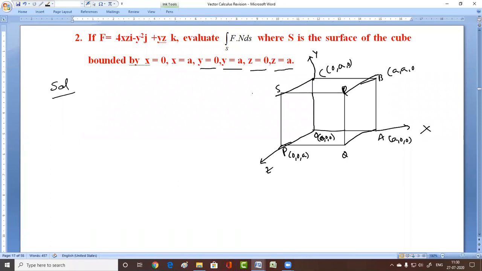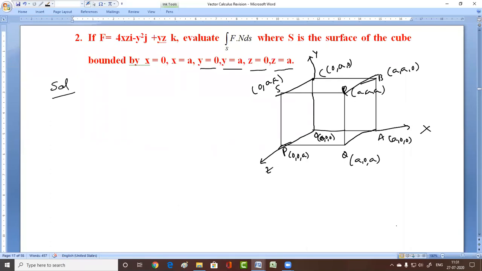S is a point in the YZ plane, 0, A, A. Q is a point in the XZ plane, A, 0, A. Now R is a point in space, A, A, A. So we have a total of 6 surfaces. Okay, we will find them one by one.